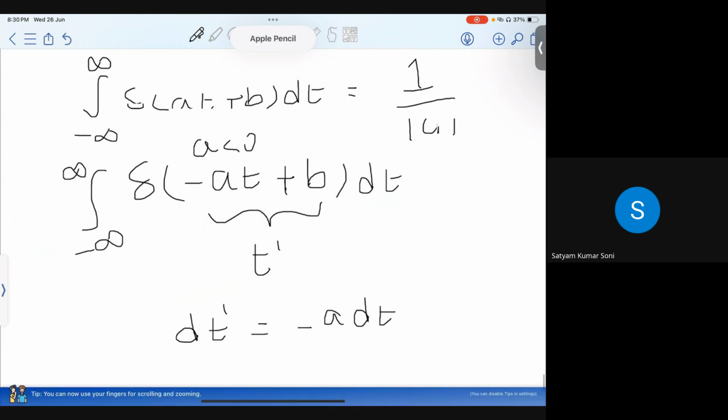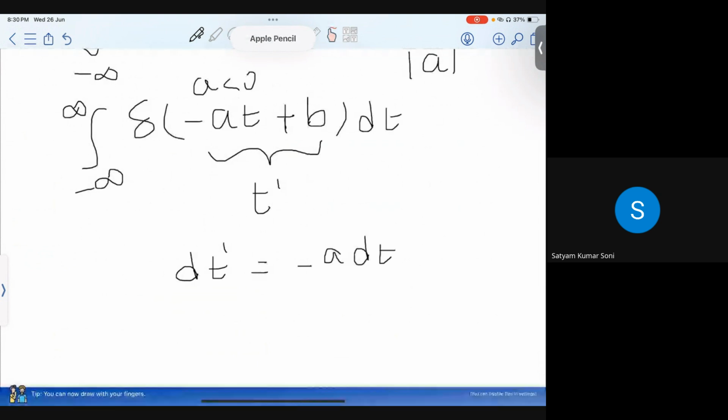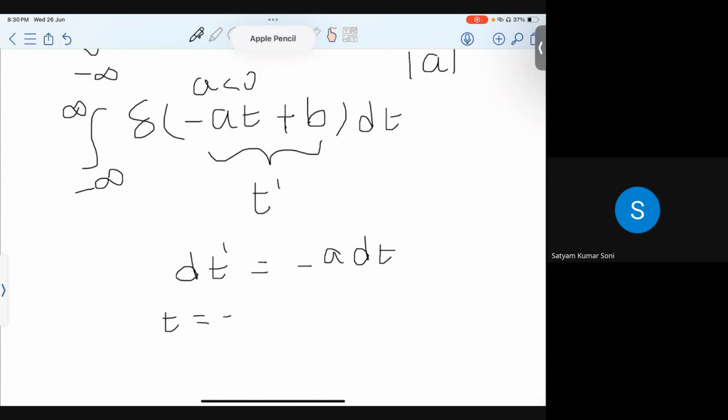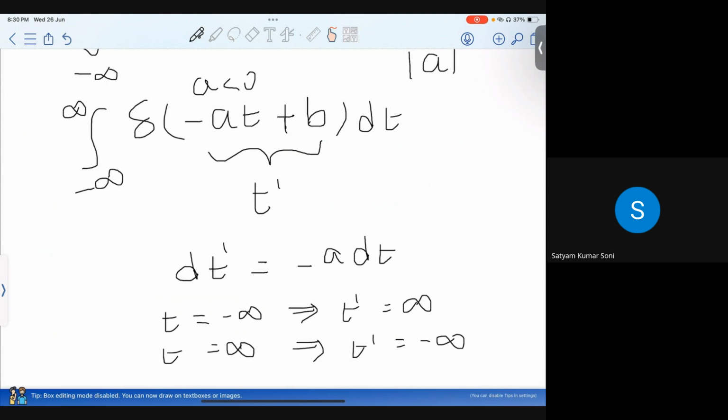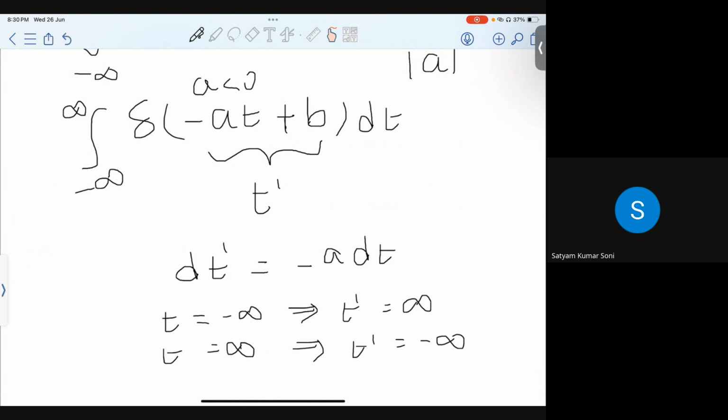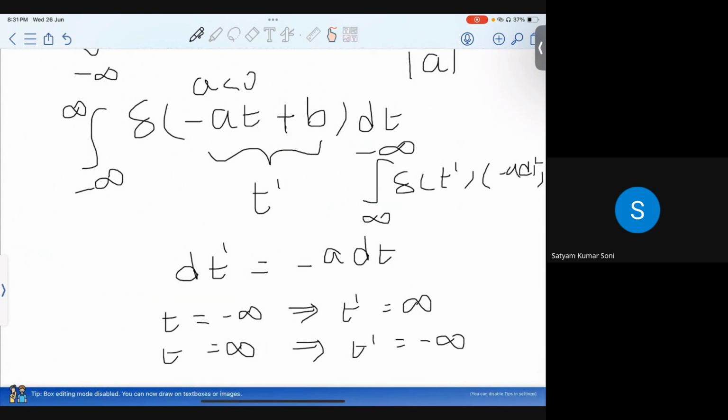And what happens to the integral limits? When t is minus infinity, t prime is plus infinity. And when t is plus infinity, t prime is minus infinity, right? So these are the cases. And what happens to this particular integration? This becomes the integral from infinity to minus infinity of delta of t prime times dt prime by minus a, correct?